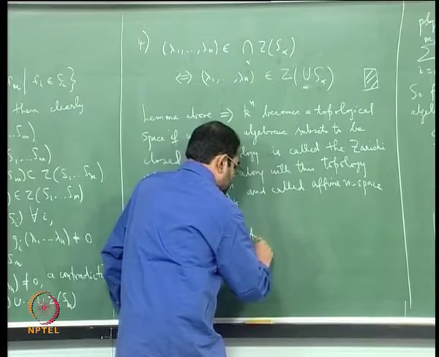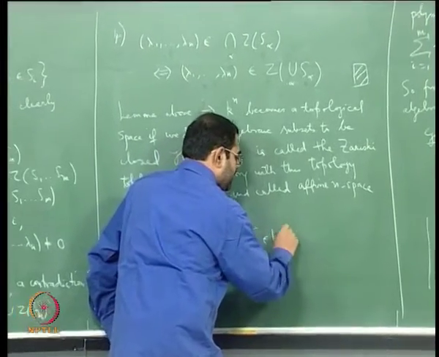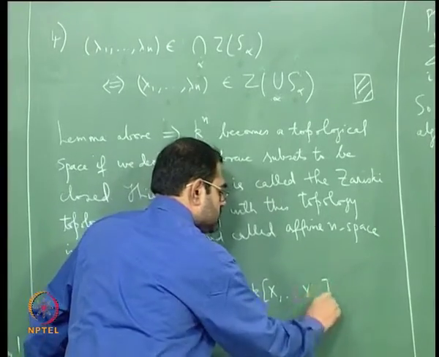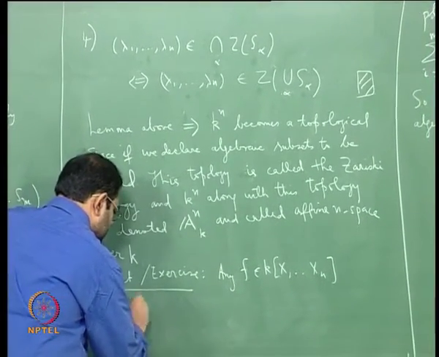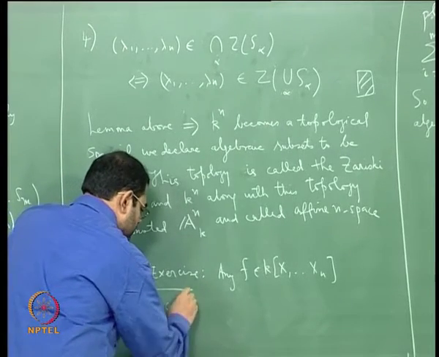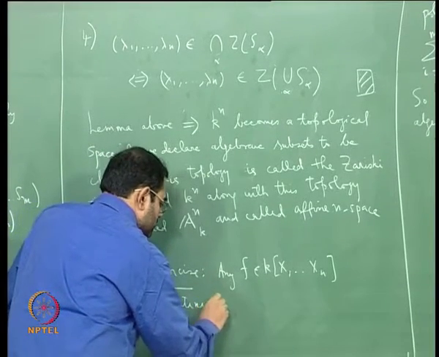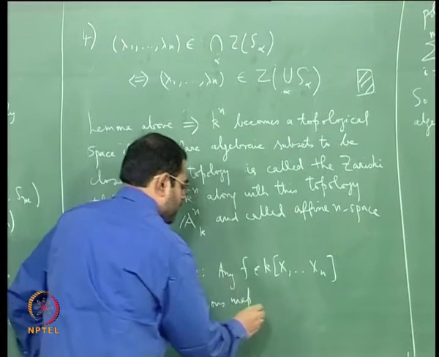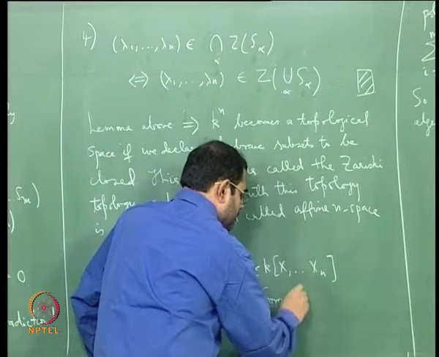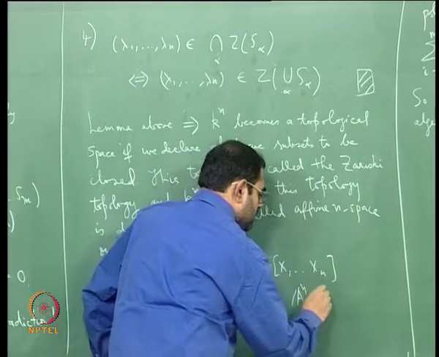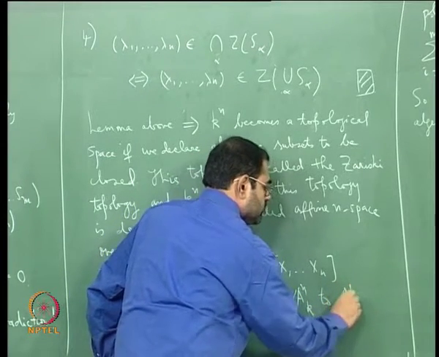Any f in K[x1, ..., xn] gives a continuous map from An K to A1 K.